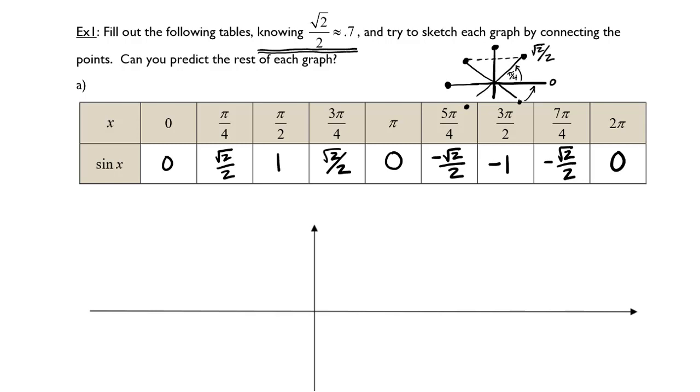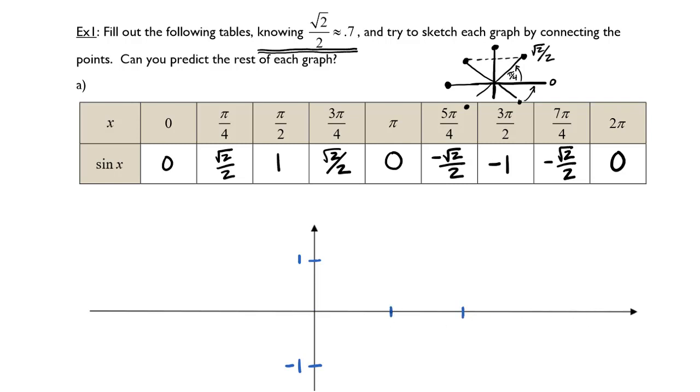If we wanted to draw this on our graph given, we'll call this height here 1 and negative 1. And we need to break this up into segments.